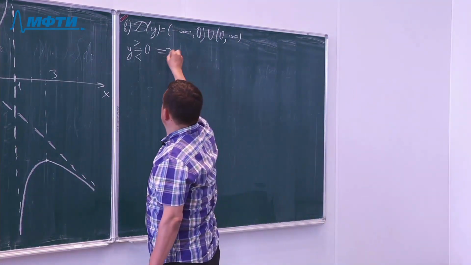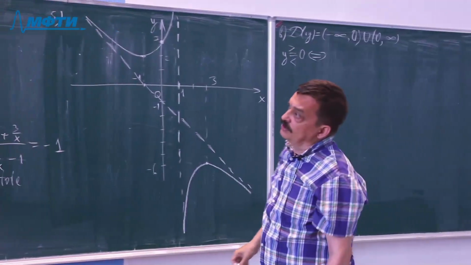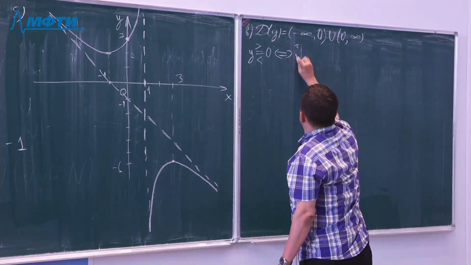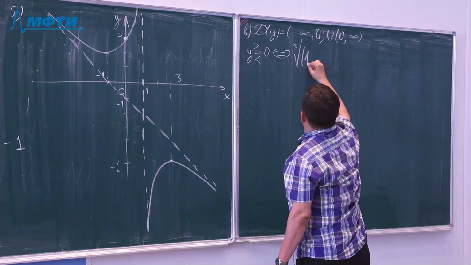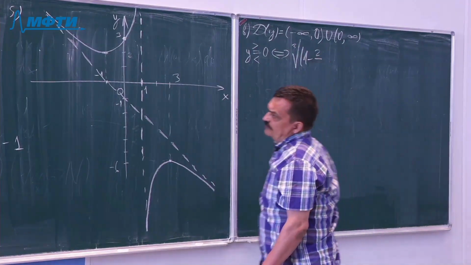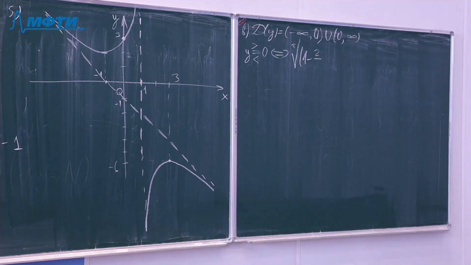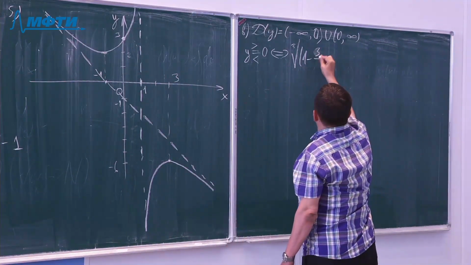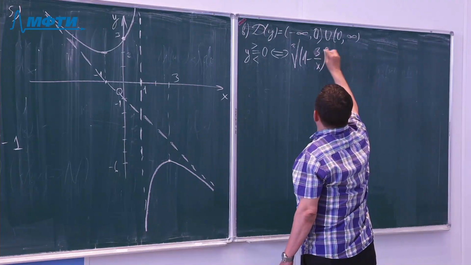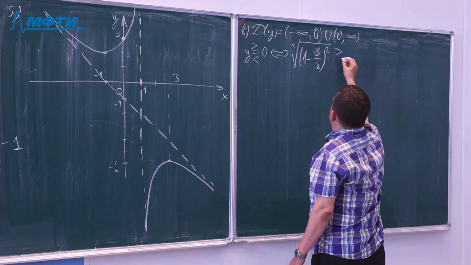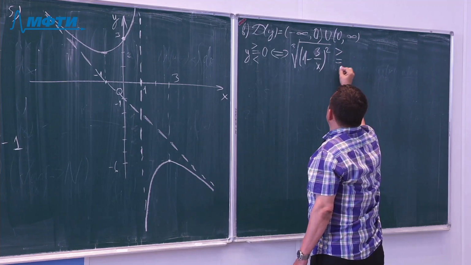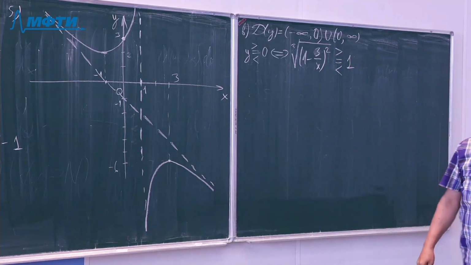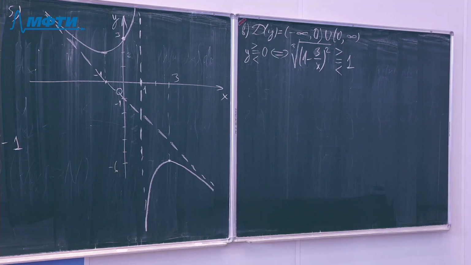It's equivalent to write the cubic root of (1 minus 3 over x) squared greater than, equal to, or less than 1, right? If we move 1 to the right hand side.